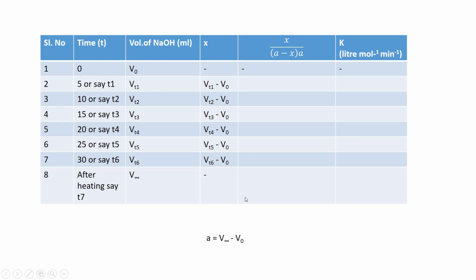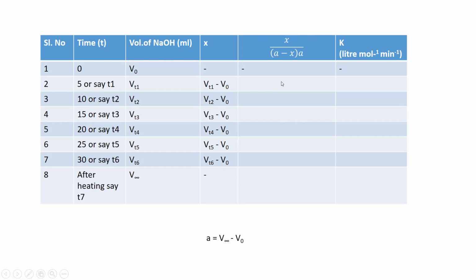So that's how you can get the A and X, and you can compute this fraction here and populate this column. And once you have this column, k is essentially easy. We have to just multiply this fraction by 1 by t, where t is the time in the first column, and thereby you will get the rate constants at each step.